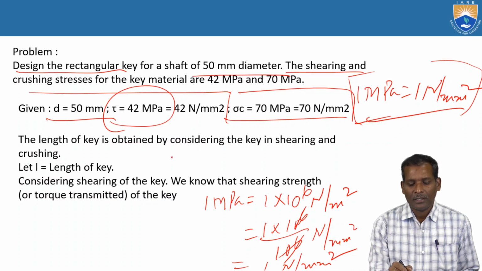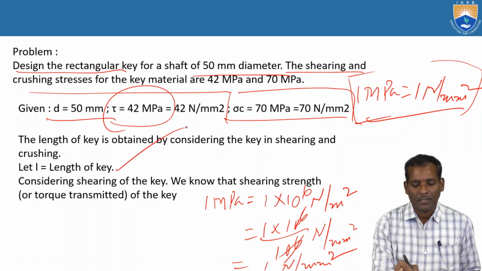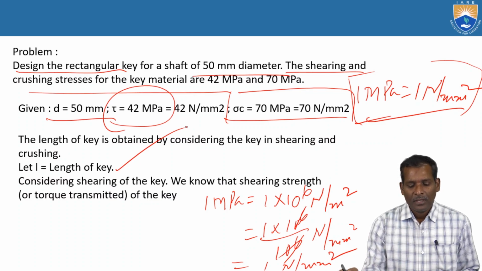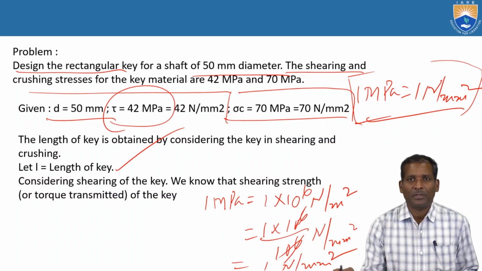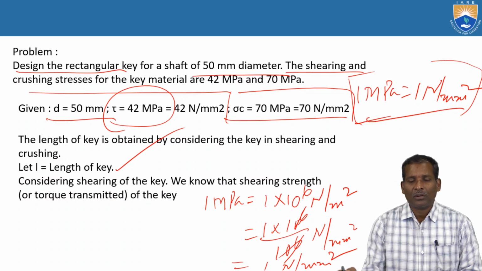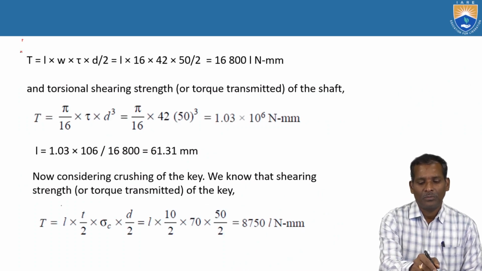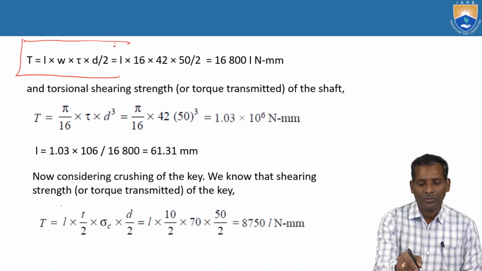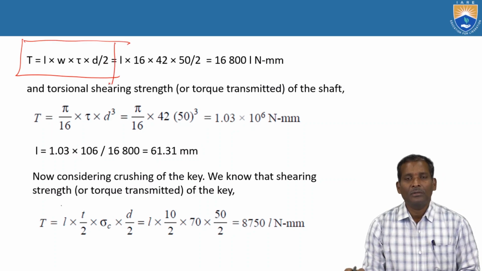The length of the key is obtained by considering the key in shearing and crushing. First assume the length of the key, take L. Considering shearing of the key, we know the shear strength is transmitted by the key. How to calculate it using the torque transmitted equation? First write down the torque transmitted by the key: T is equal to L into W into tau into d by 2.